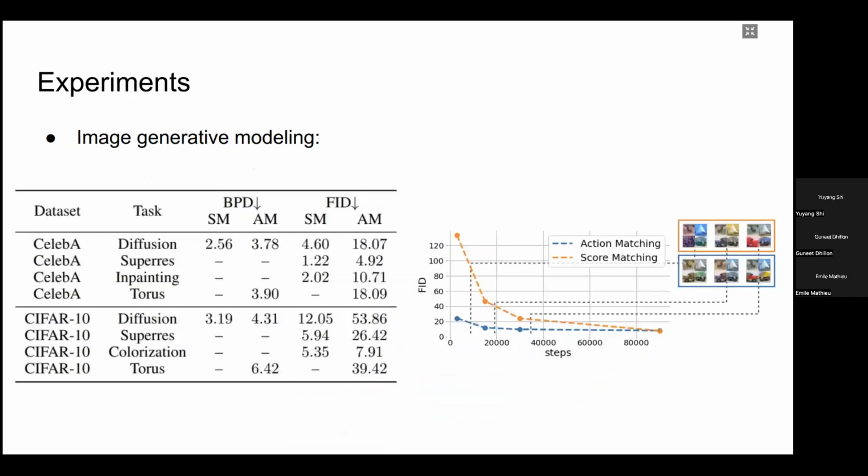And so they've shown some experiments, which are mainly where they could improve. For generative modeling, they focus more on these conditional tasks. But the result you get is not as good as score matching.